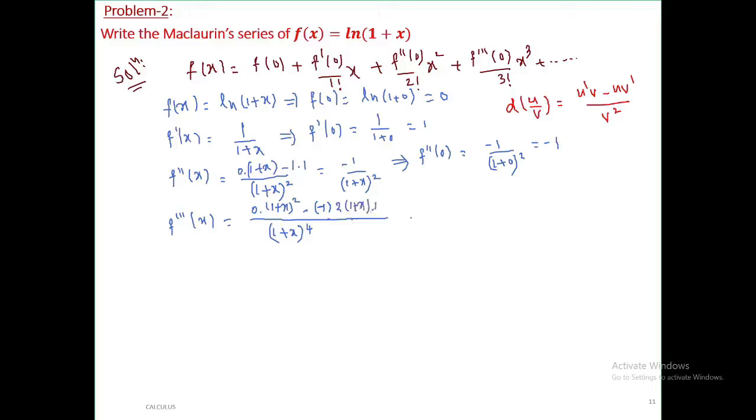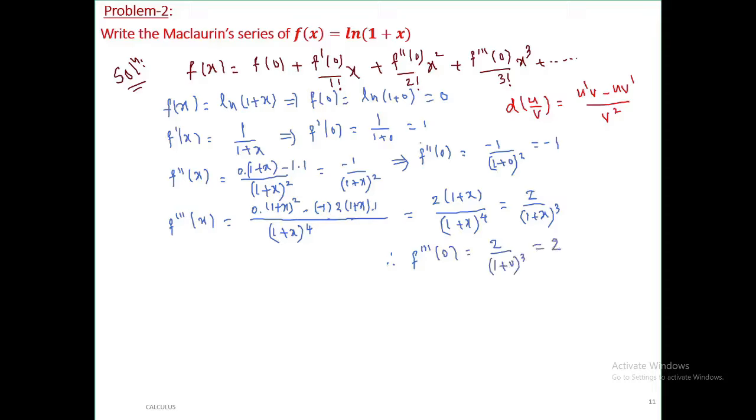So f''' is 2(1+x) upon (1+x) to the power 4. One power cancels out, so we get 2/(1+x) cubed. Now f'''(0) is 2/(1+0) cubed. Instead of x, you write 0, and you get just 2 only.